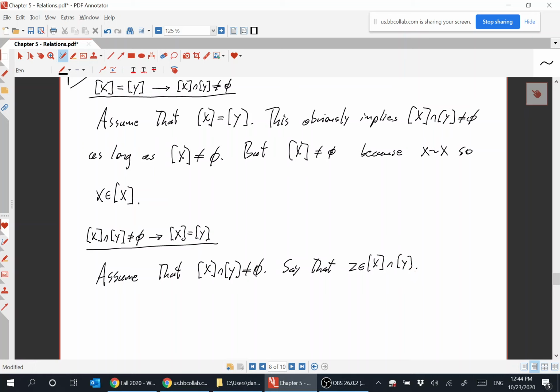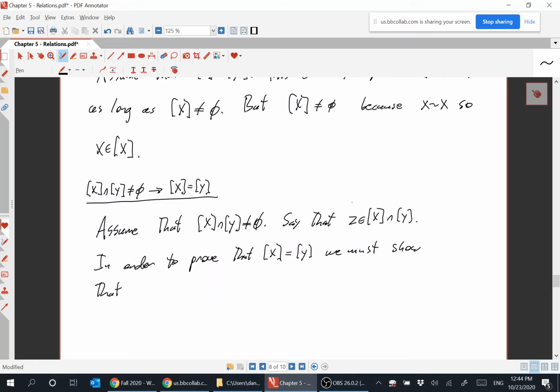All right, so now, in order to show that set X equals set Y, we must show what? That the class of x is a subset of the class of y, and vice versa, that the class of y is a subset of the class of x.